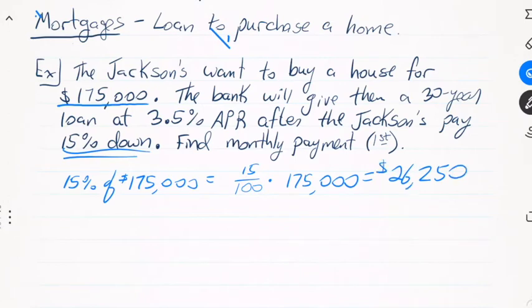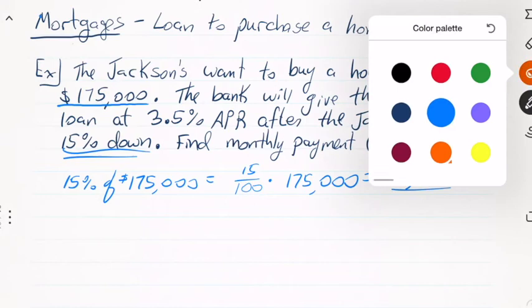So before they can even get the loan, the Jacksons have to come up with this amount of money, give it to the bank, and then the bank will loan them the money. Now, the bank isn't going to loan them $175,000 anymore because they made this down payment.